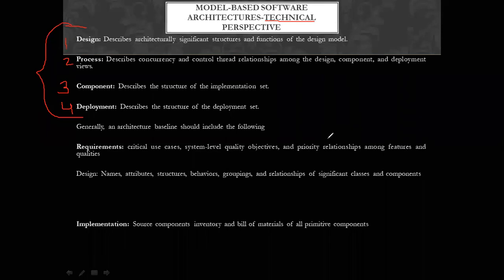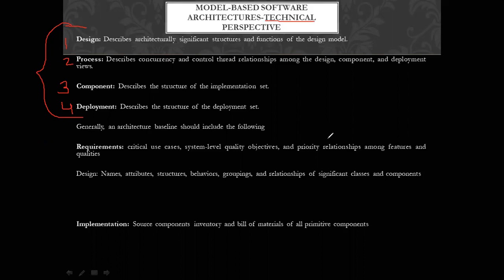In the management perspective, we talked about different definitions of architecture, architecture baseline, and architecture description, what role it plays, and then we made the relation between software architecture and the modern software development process. In the technical perspective, we have to talk about views and the diagram that I've shown.